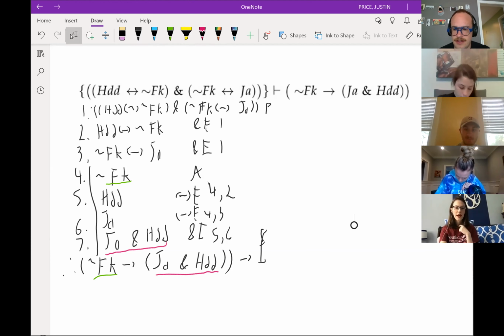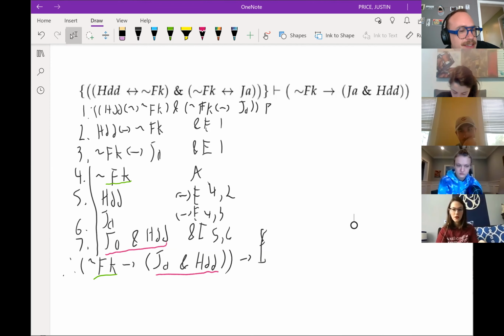So if we had that, like the HDD, and then the biconditional was a conditional, like on, I guess, line 2, would you be able to assume HDD to get FK, and then it would still be fine to continue inside that subderivation, or does that first line always have to be the antecedent?